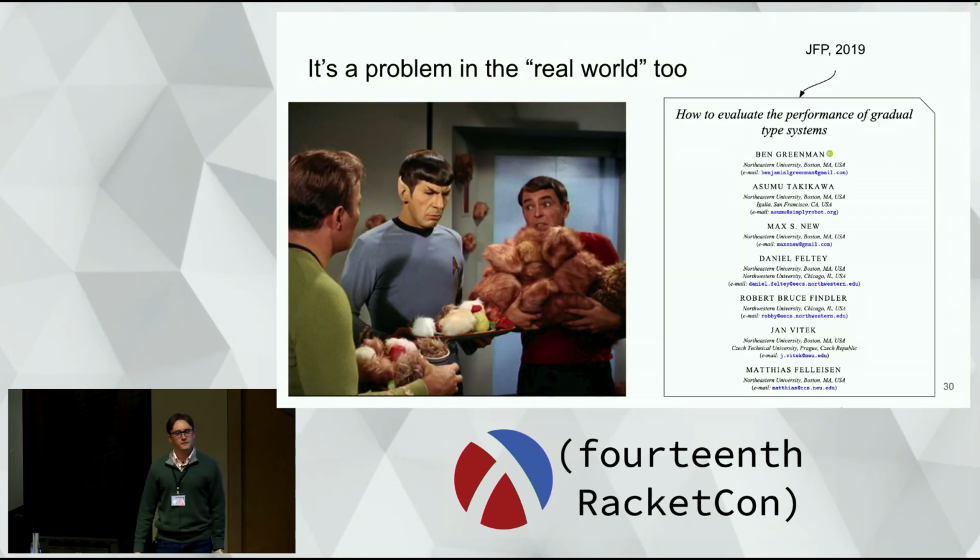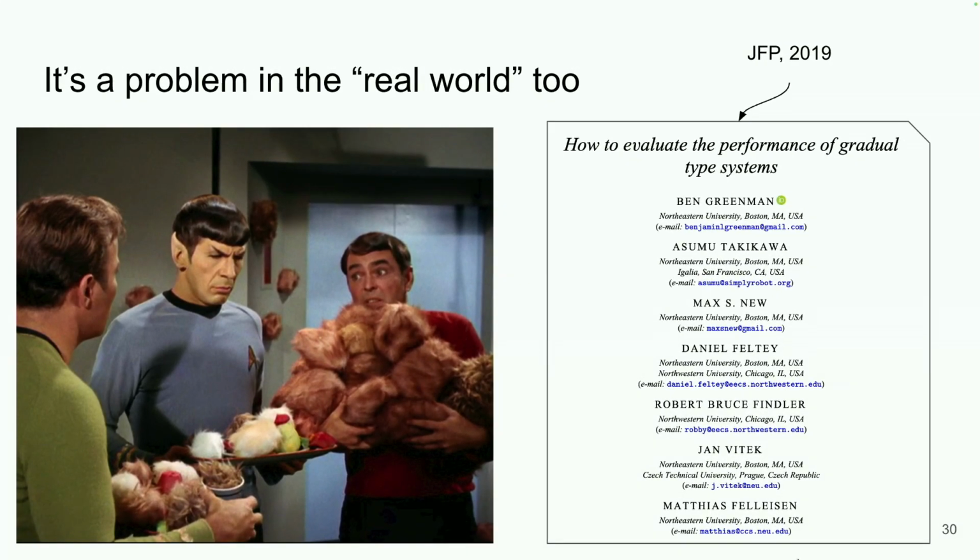So a lot of members of the Racket community have studied this problem in the very strongly named Is Sound Gradual Typing Dead paper in 2016, and its JFP follow-up. Here, they looked at around 20 different Racket programs in the wild, in the real world, and one of the things they studied was, if we add types in really pathological ways, what's the worst that can happen?